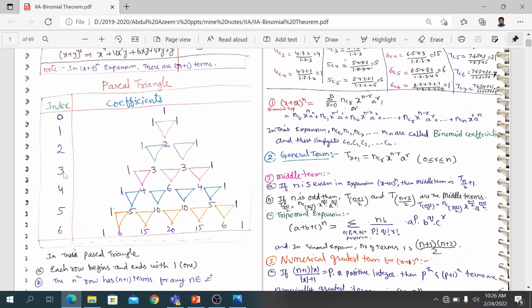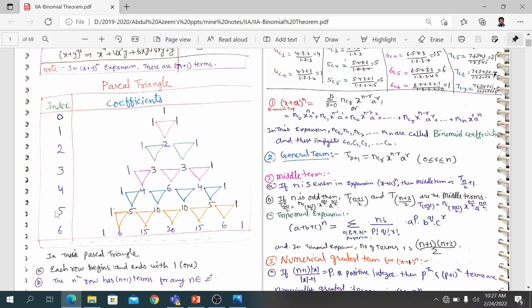For index 3, 1 here and 1 last here, 1 plus 2 is 3, 2 plus 1 is 3. If index 4 is there, 1 as it is and the last 1 as it is, 1 plus 3 is 4, 3 plus 3 is 6, 3 plus 1 is 4, and 1 as it is.